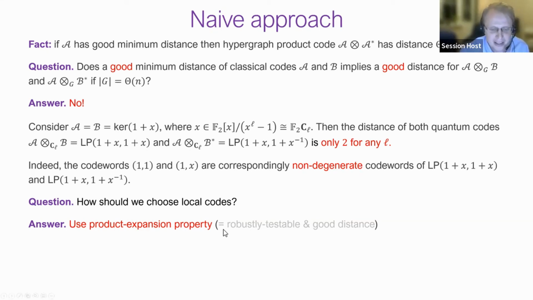And in fact, as it turned out, this is roughly equivalent to the well-known property called robustly testable, studied by the people who studied locally testable codes. It is also required that these local codes should have good distance.